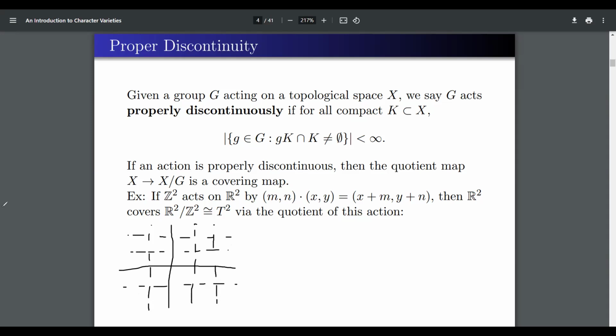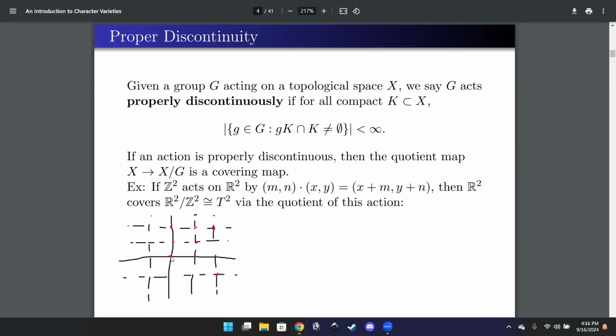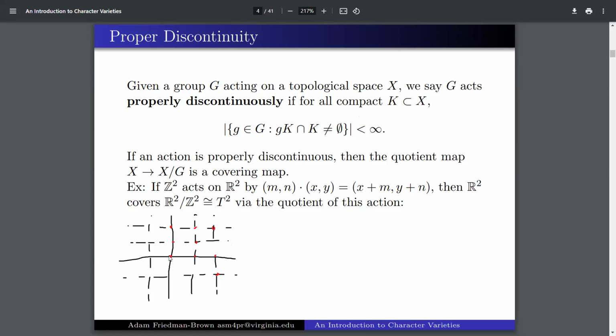And let me draw in an embedding of Z2 to start illustrating what happens. These points right here are the integer points. And the action of Z2 on the plane is essentially a translation: the origin gets sent to whatever coordinate of Z2 you are at. So (2, 1) sends 0 to (2, 1).